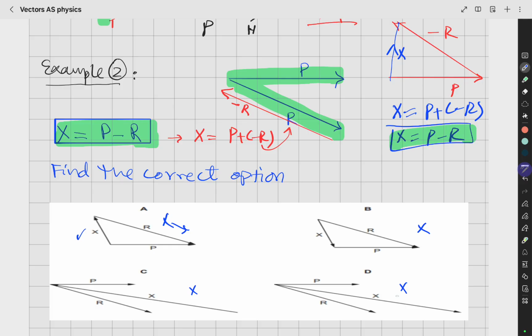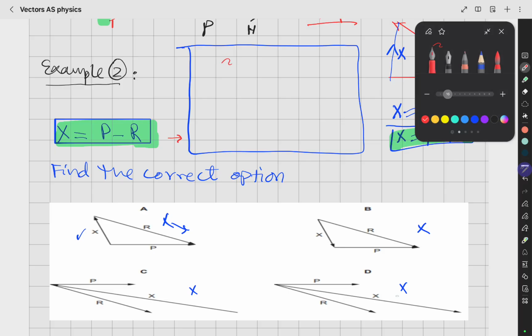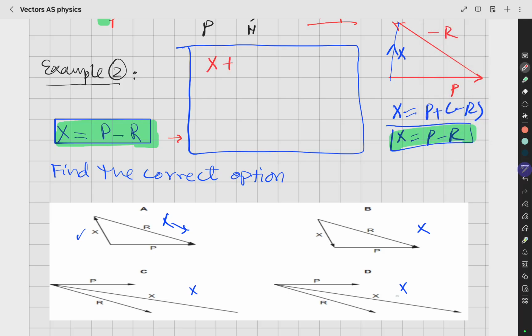Okay, now what we are going to do is, I'm just going to erase this to generate some space in which I can write the answer. Okay, so we can say that x plus r is equal to p. This is another way. Just shift r to the other side.